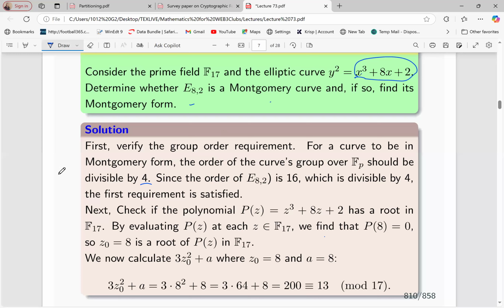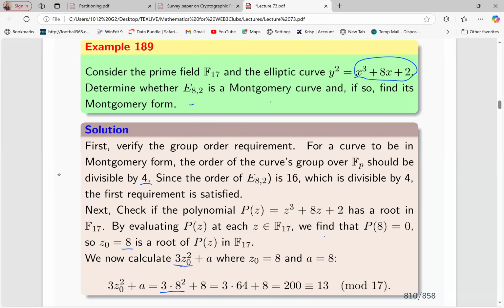Okay, so we found our root, 8. Now square that 8, multiply by 3. That is 64 multiplied by 3. Then add a to it. Our a in this case is 8.